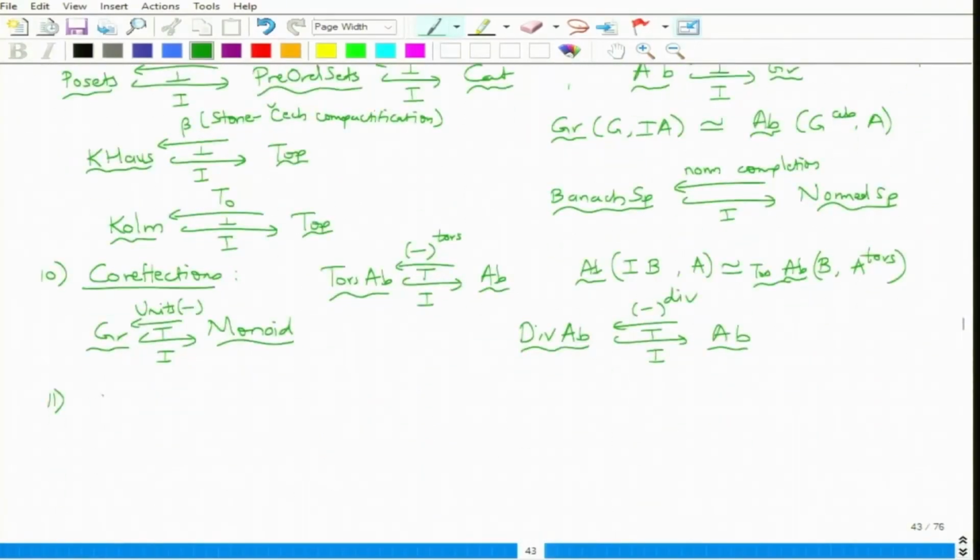So if you remember, from Sets to Sets op, we had a power set functor. We denoted it by P star, and the dual is also P star. So P star is self-adjoint on the right.